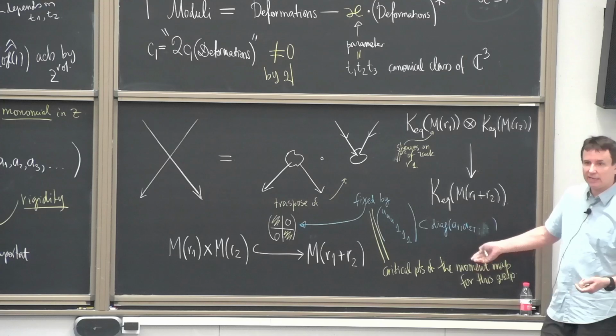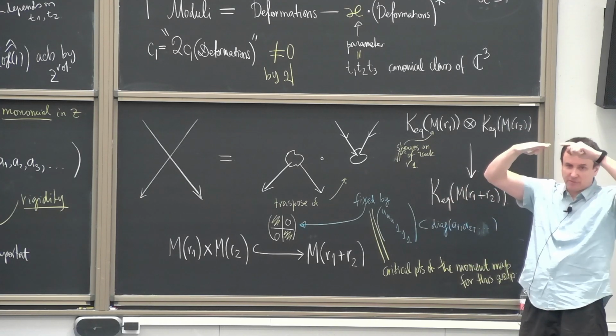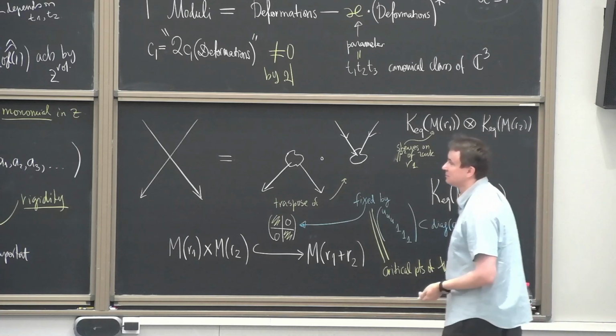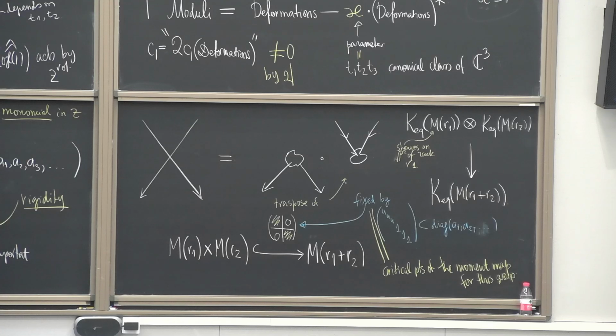And this action has a moment map, and something is fixed if it's a critical point, some kind of energy, a stationary point. So maybe we'll just talk a little bit abstractly about critical points.